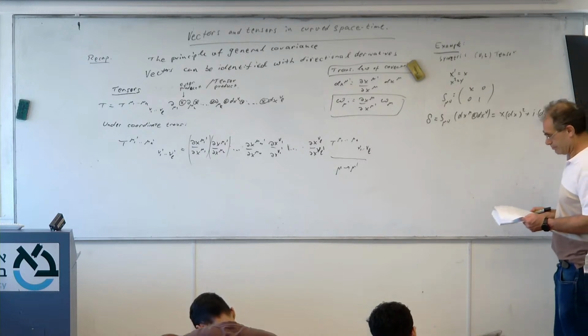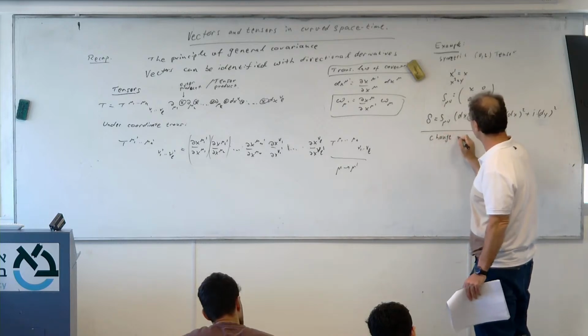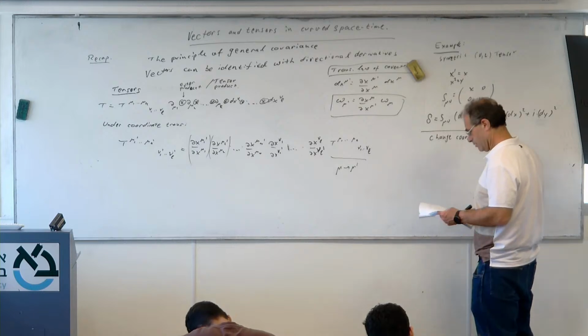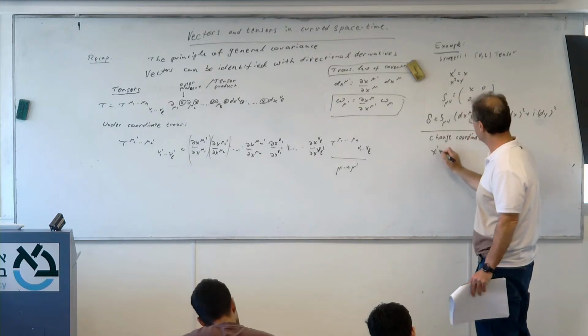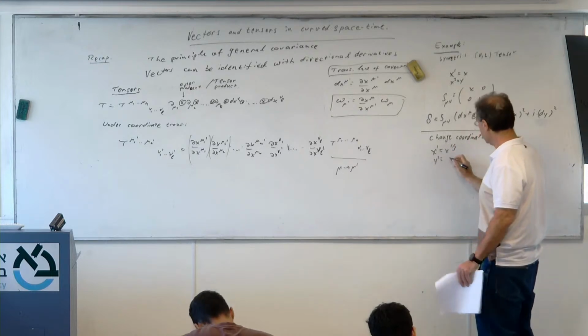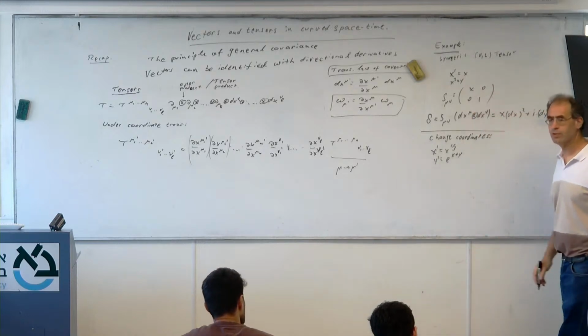So if I want to change coordinates, here I just select x prime is x to the power 1/3, and y prime is e to the power x plus y, just because I want to.